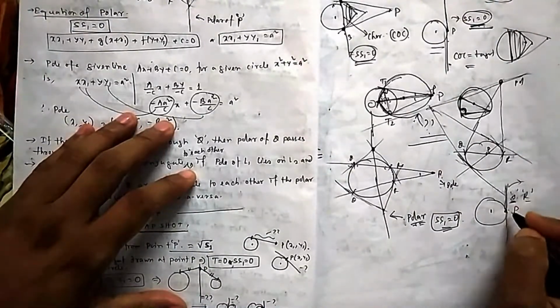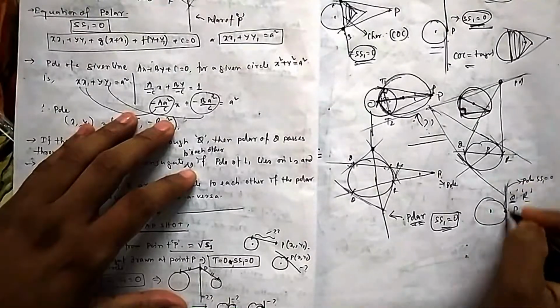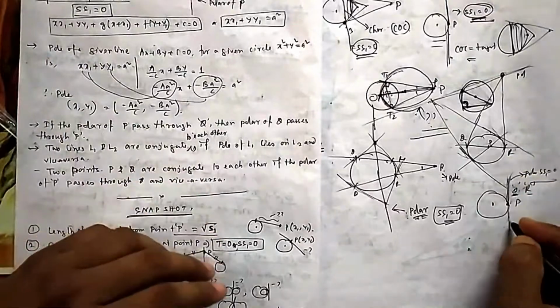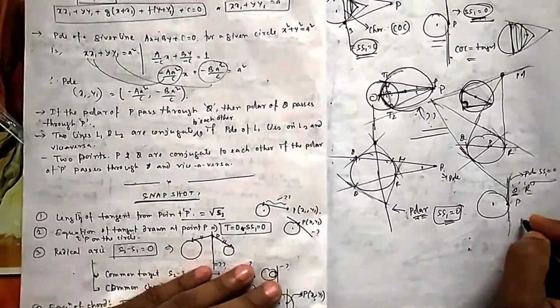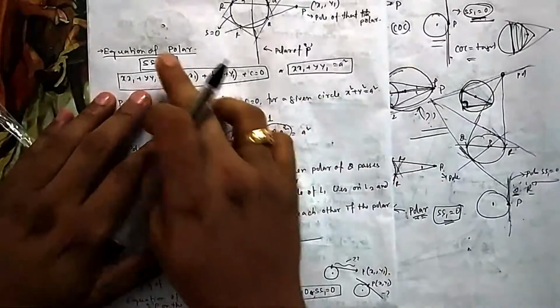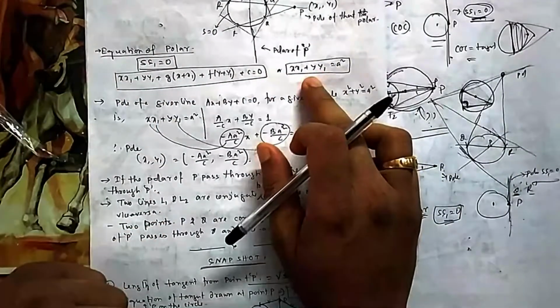So this becomes the polar of this point P. The equation is S1 equal to 0, which is nothing but the tangent. So this was the chord of contact. If P lies on the circle, the chord of contact becomes the tangent, it becomes the polar. That's why all the equations are the same, S1 equal to 0. You can remember it this way also.